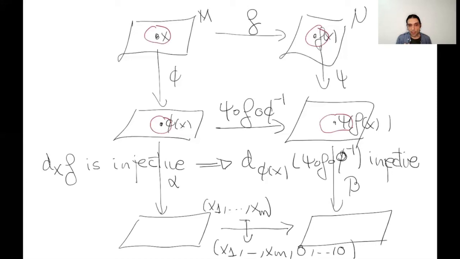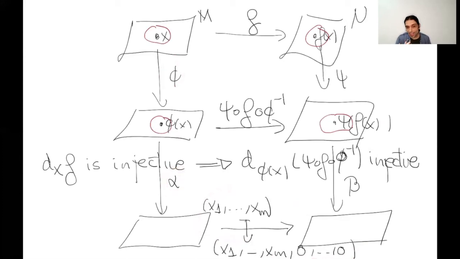What do we want to prove? What we want to prove is that there are local charts such that the expression of f in local charts is exactly this one. That's our goal, but it is already in the picture because phi is a local chart, but alpha is a diffeomorphism.